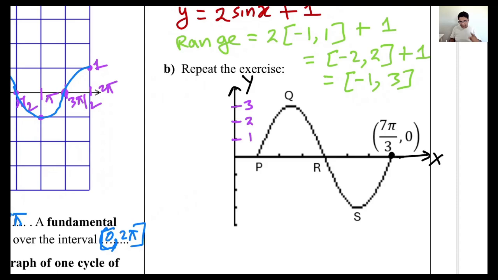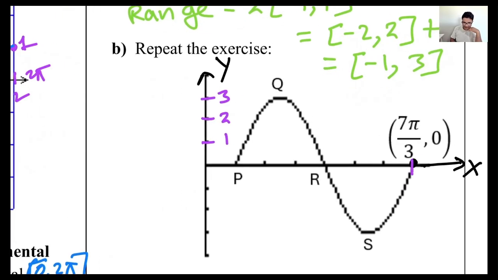And on the x-axis front, if the value here is 7 pi over 3, let us count if each of these small marks here is pi over 3. 1, 2, 3, 4, 5, 6, 7. So that seems to be correct. So, for example, P here corresponds to pi over 3, 2 pi over 3.